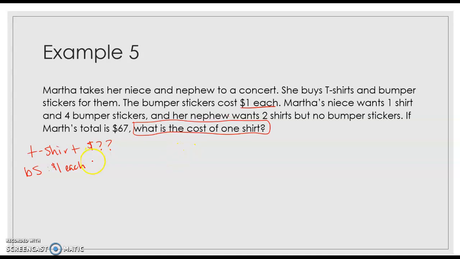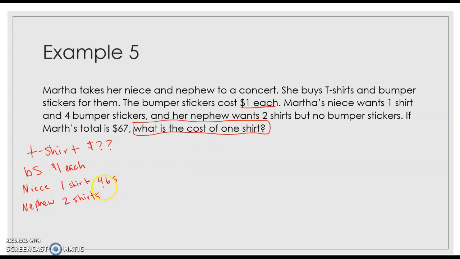Martha's niece wants 1 shirt and 4 bumper stickers. And her nephew wants 2 shirts. But no bumper stickers.